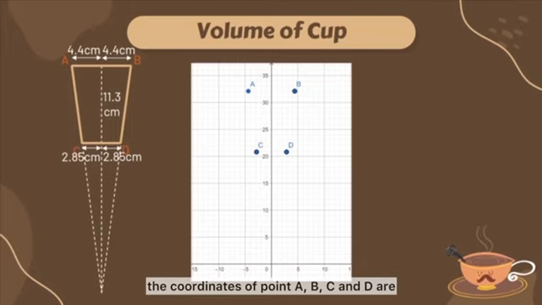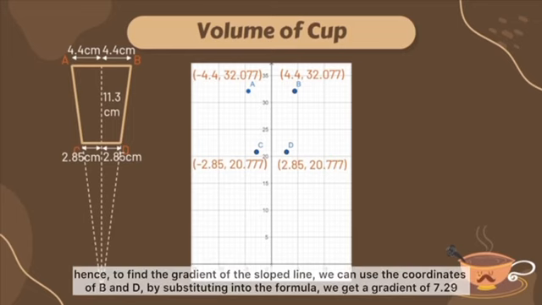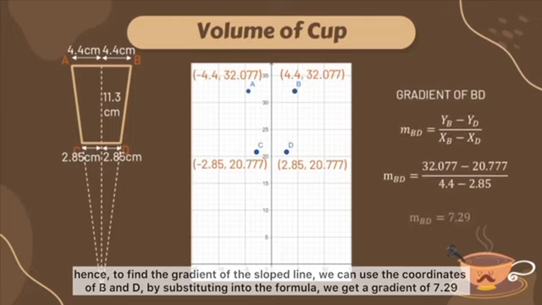The coordinates of points A, B, C, and D are negative 4.4, 32.077, 4.4, 32.077, negative 2.85, 20.777, and lastly 2.85, 20.777 respectively. Hence, to find the gradient of the slope line, we can use the coordinates B and D, and by substituting into the formula, we get a gradient of 7.29.